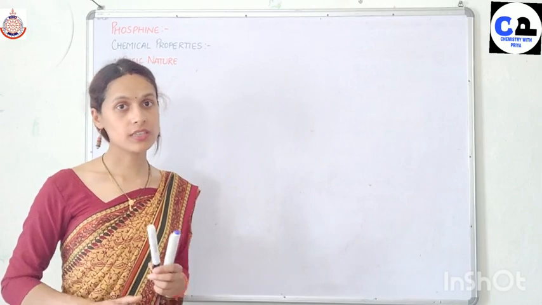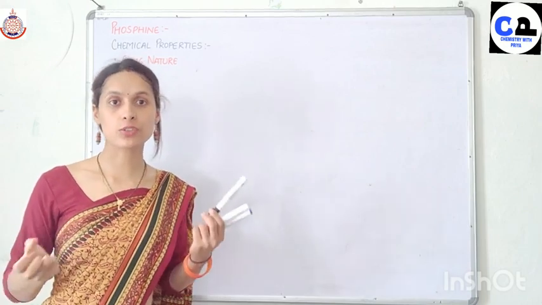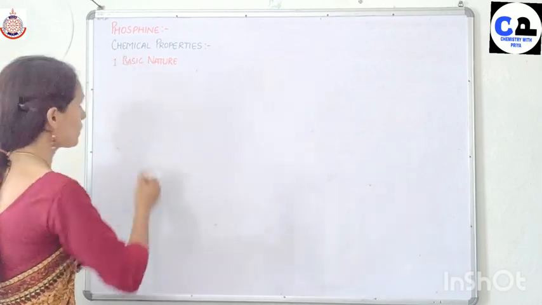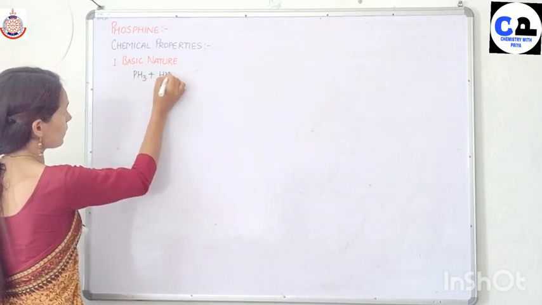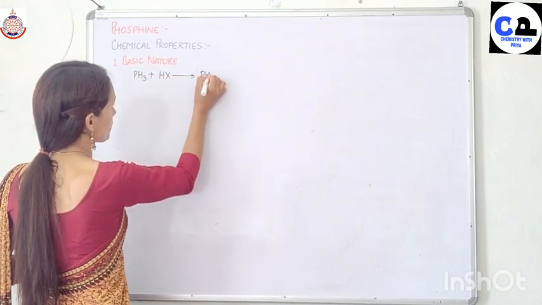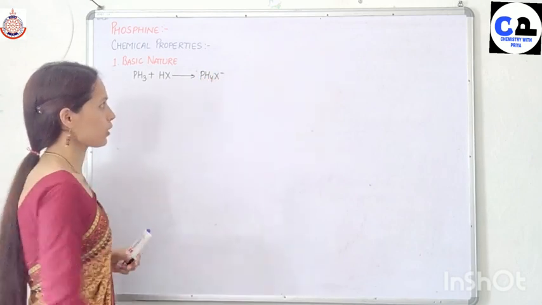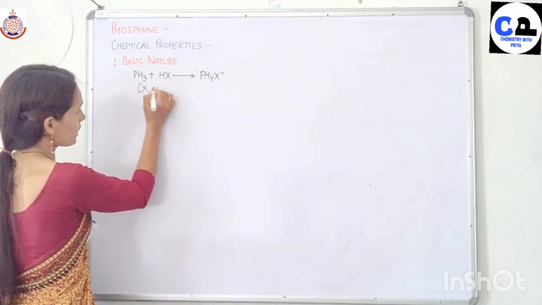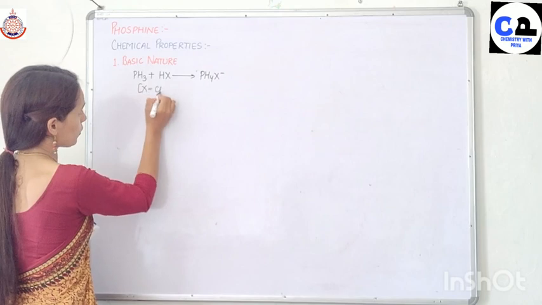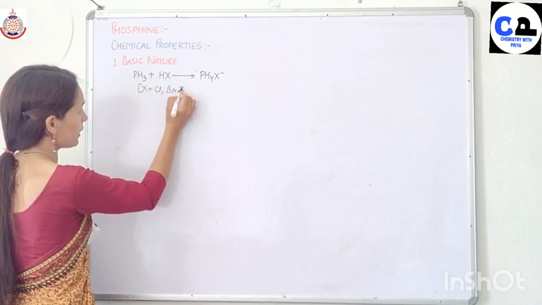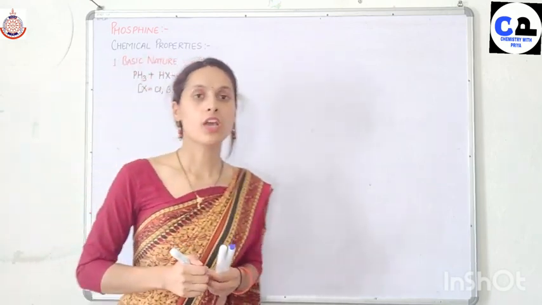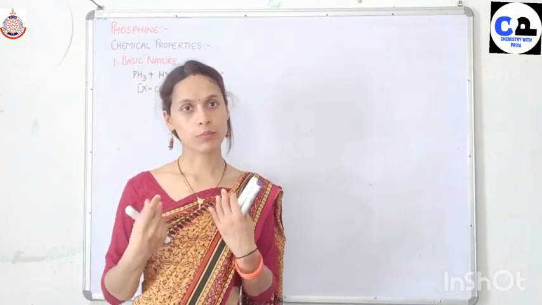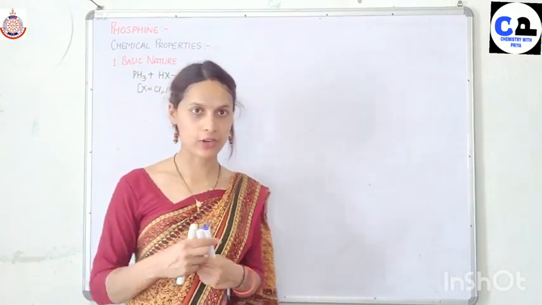But the condition is that it should be anhydrous. So in the anhydrous form, the phosphine reacts with the mineral acid to form the salt PH4X. This X may be chlorine, bromine, or iodine. So this PH4X may be phosphonium chloride, phosphonium bromide, or phosphonium iodide.